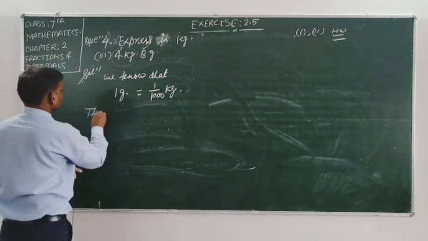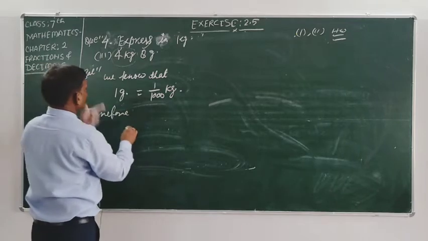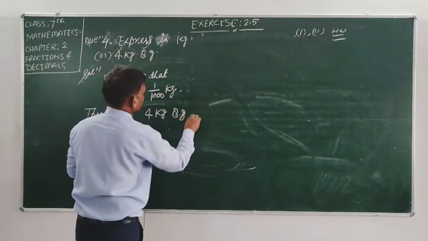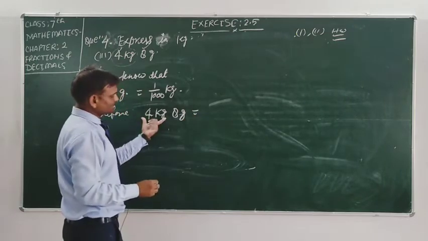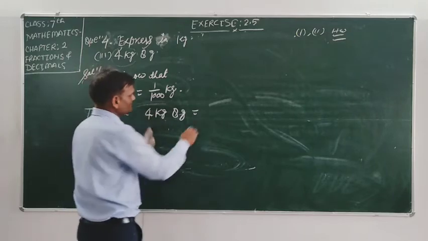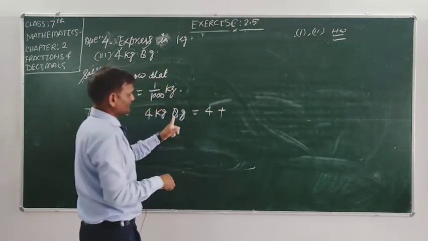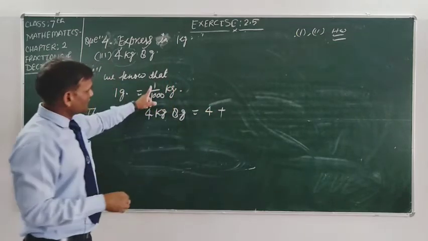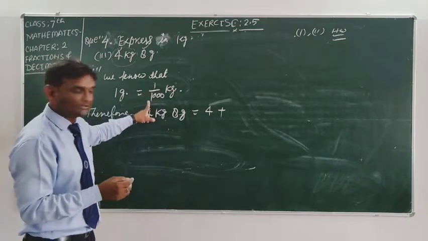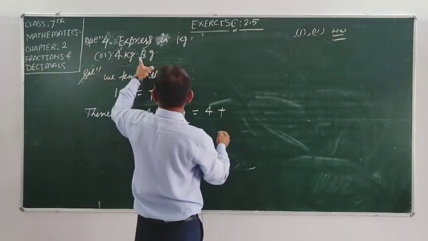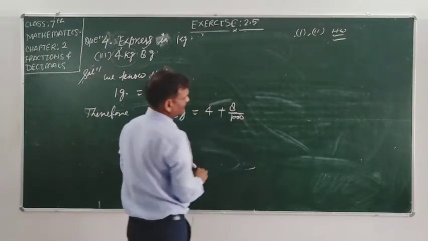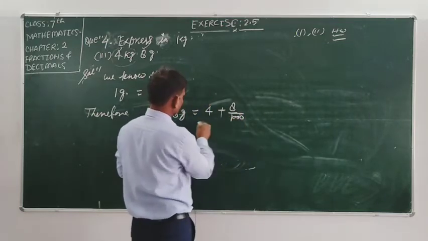Therefore 4 kg 8 gram is equal to, you will not change this value because this value is already given in kg. So 4 plus 8 gram, 1 gram 1/1000, 2 gram 2/1000, 3 gram 3/1000, 4 gram 4/1000. So we write for the 8 gram 8/1000, and you can divide easily.